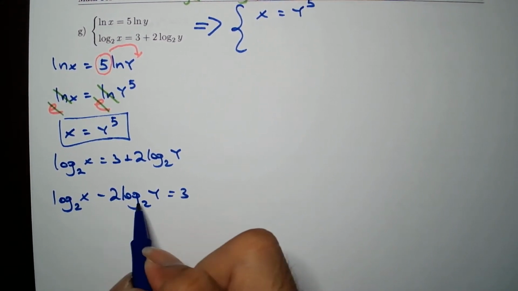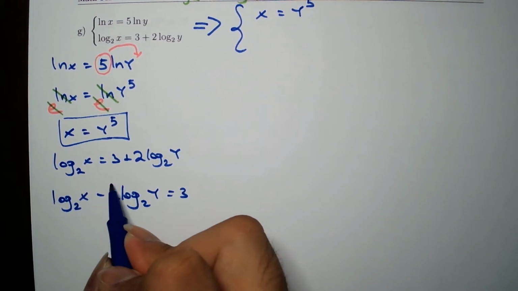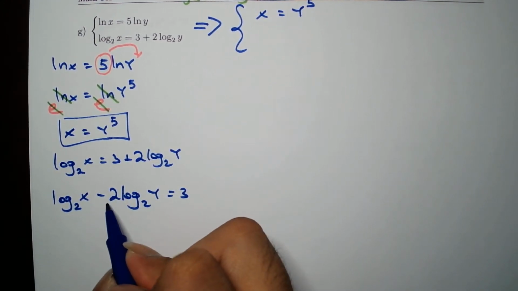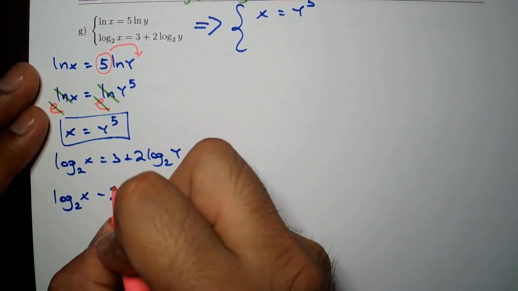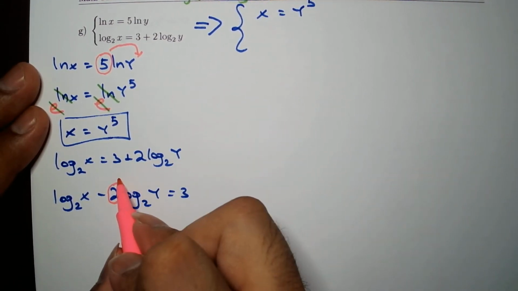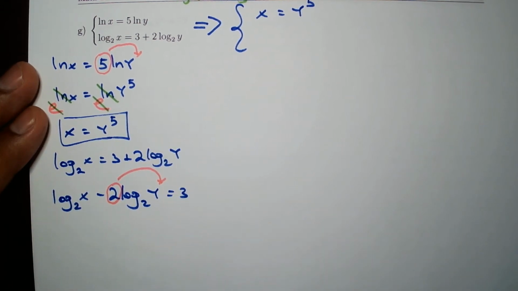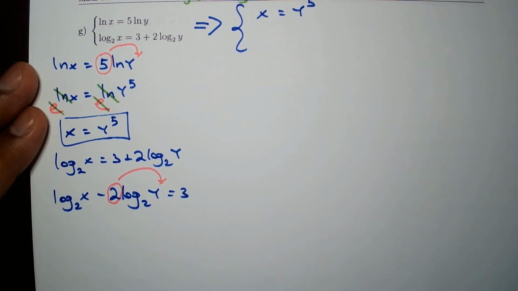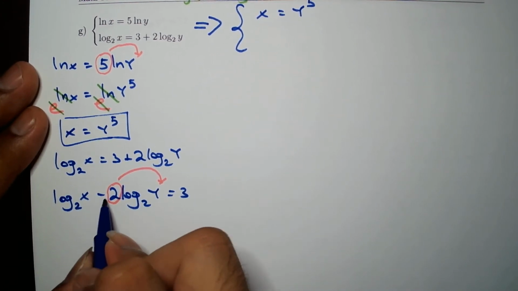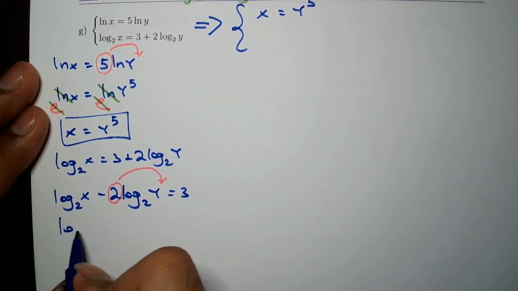However, I cannot just combine these two logs together if one of the terms has a coefficient in the front. So what we're going to do, we're going to use the basketball rule, send it to the exponent. Without the sign, don't worry about the sign. Keep the negative between the two. That's fine.